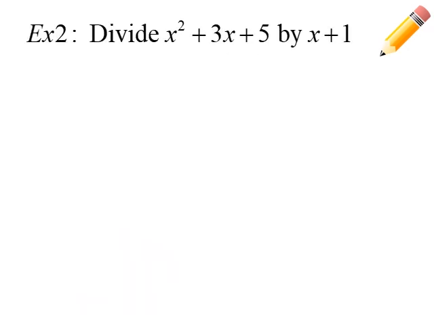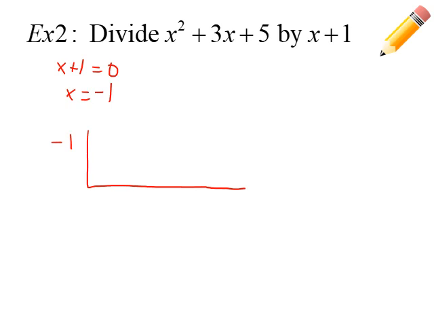Example 2, we start with the same thing. Set the divisor equal to 0 and solve. I put that solution on the outside of our synthetic division. Now I copied on the coefficients from the original polynomial.